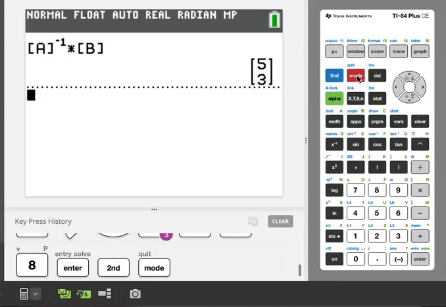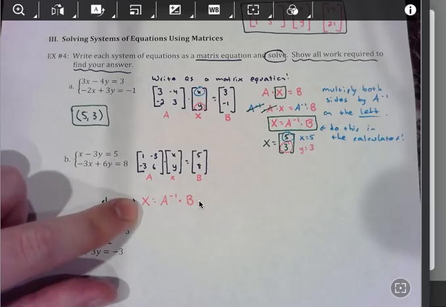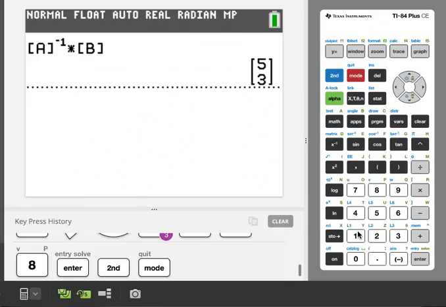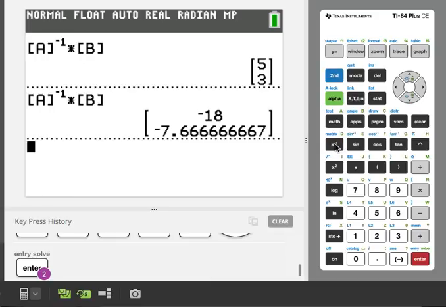I'm going to quit again, and this is where we type in A inverse times B. So bring up your matrix A, tell it to do the inverse, times, go back to matrix, B, there we go.